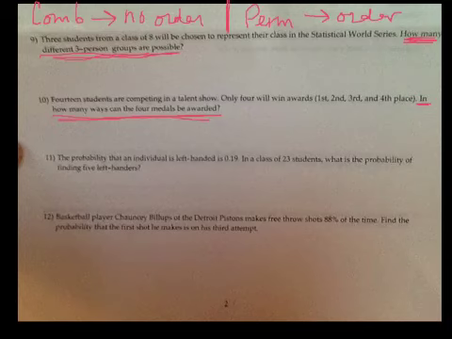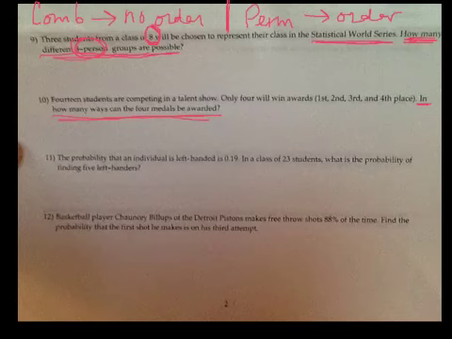So in these situations, number 9 and number 10. In number 9, you have 3 students from a class of 8. So I have 8 total to choose from, and I'm choosing 3. It just says that I'm choosing them to represent the class, in the Statistical World Series. Also, it doesn't exist, I made it up.